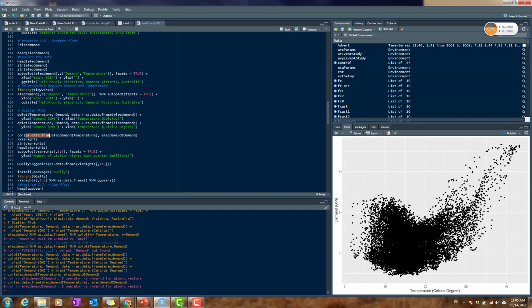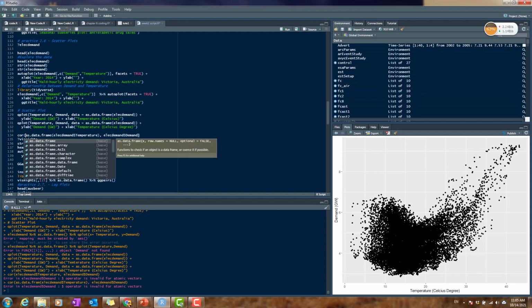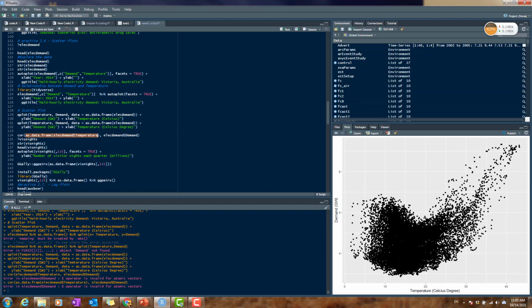One more time. Oh, that's not a data frame. The same thing. Now electricity and the demand, and then close the parenthesis.